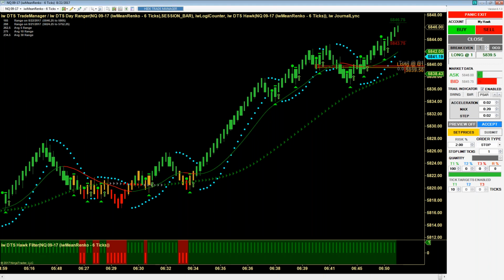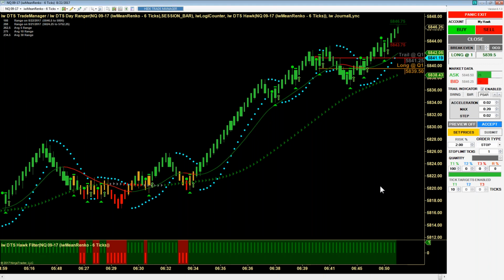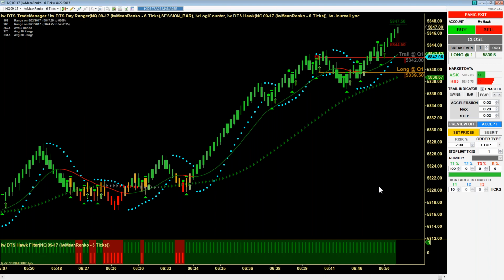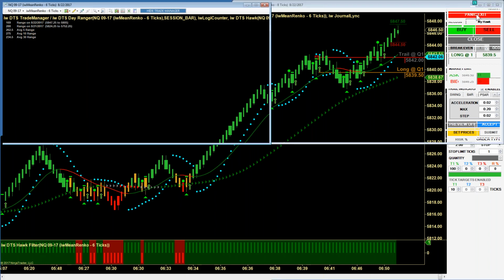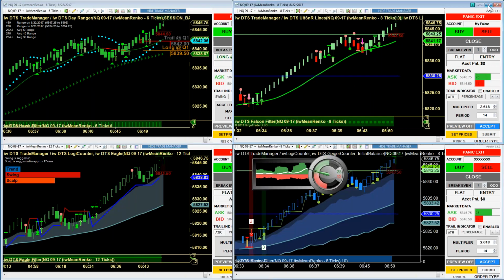All right, so I'll go now with the parabolic stop. Try to protect a little bit of open profit as prices try to advance a little bit higher. Where's the next support zone? 58.56 half.